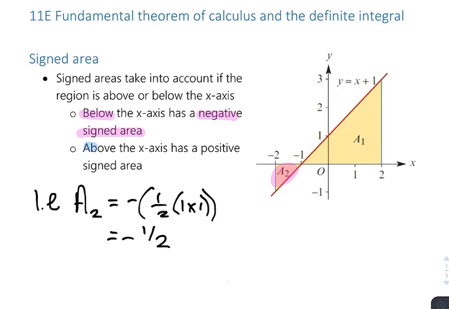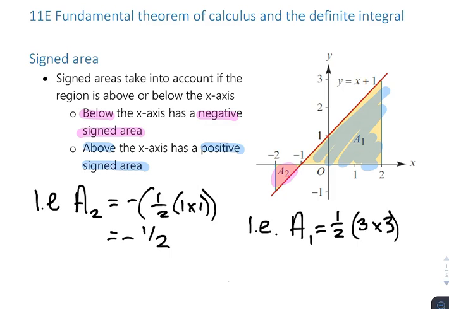So the area for A2 is negative a half. For A1, when we calculate this area, it's above the x-axis, so we're calculating a positive signed area, which we can then calculate as 3 times 3, divided by 2, and we get 4.5. So it's positive if it's above the x-axis and negative if it's below the x-axis.